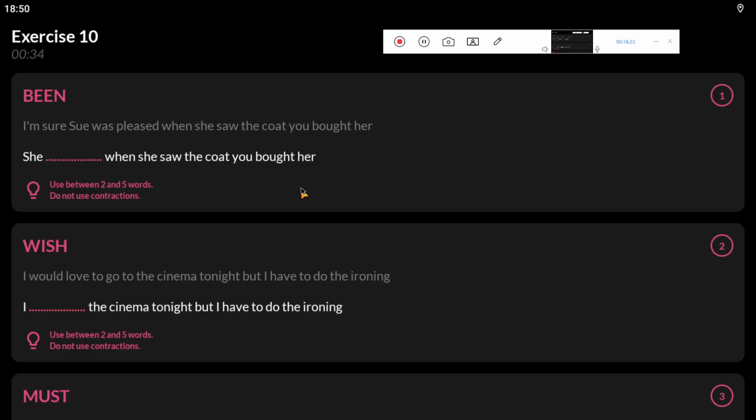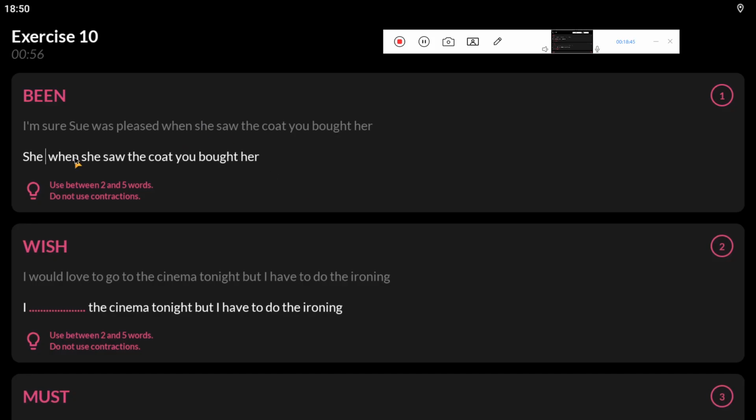I am sure Sue was pleased, was happy when she saw the coat you bought her. She had been happy, and then pleased, when she saw the coat.